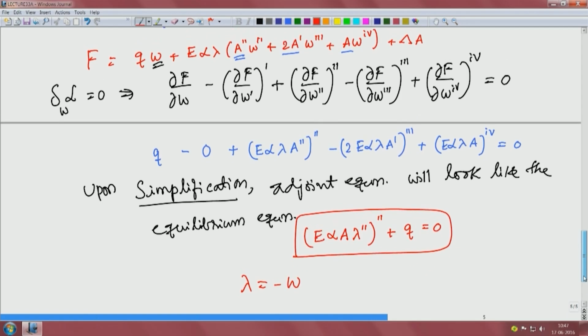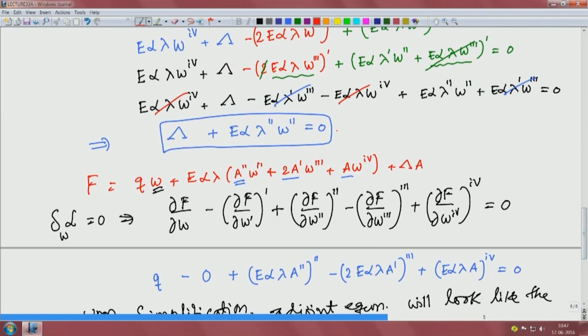Once you know lambda equal to minus w, we go back to this equation and then find something. If I do this, it will become E alpha w double prime square equal to 0, because lambda equal to minus w, so lambda double prime equal to minus w double prime. So, we get this.